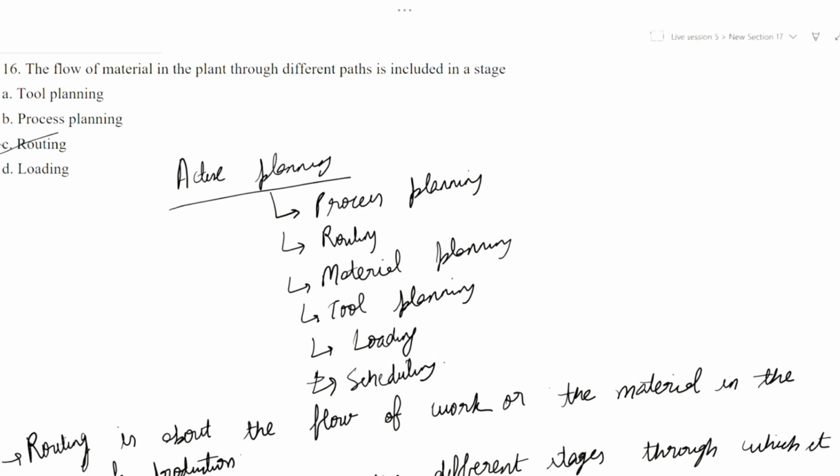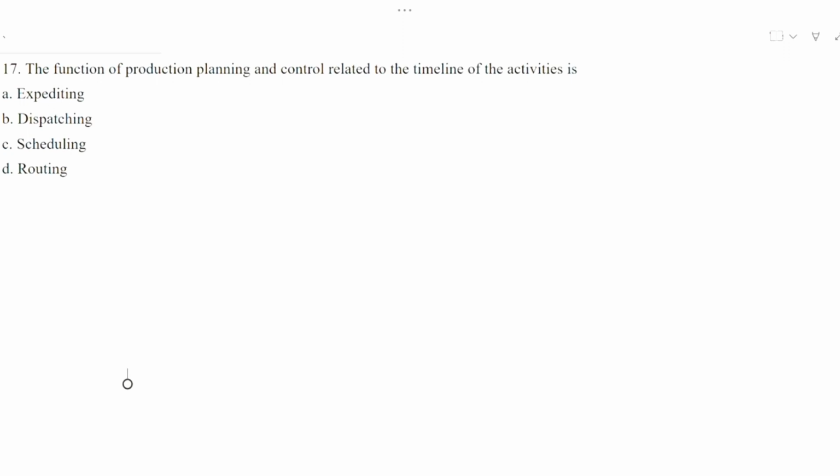Okay, so the next question. The function of production planning and control related to the timeline of activities is, the correct option is scheduling. So, scheduling will tell us the time when the particular work will be done.